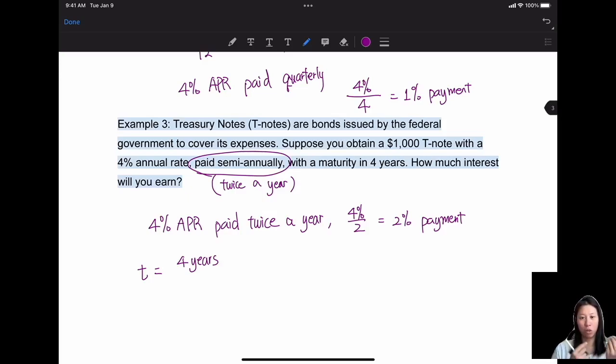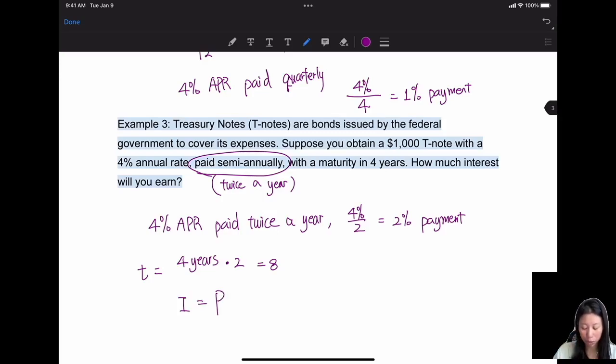In the fourth year, another twice, so that means 8 times. Since you're paid twice a year, the total number of payments should be 8 times, right?